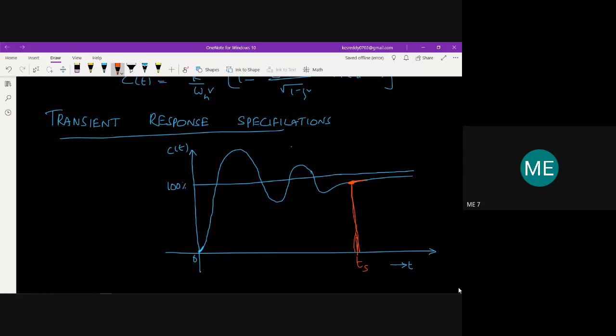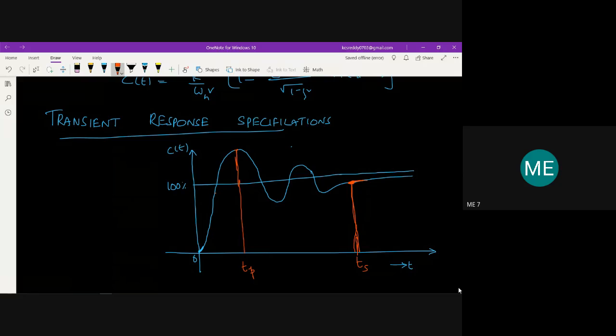Similarly, the time required to reach the maximum value of the output is called peak time. And one more very important one, rise time.